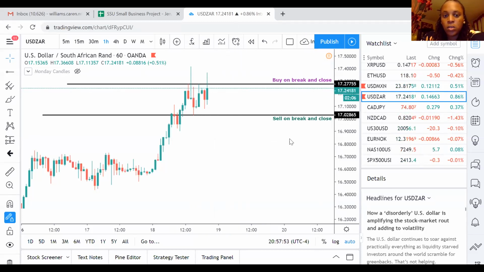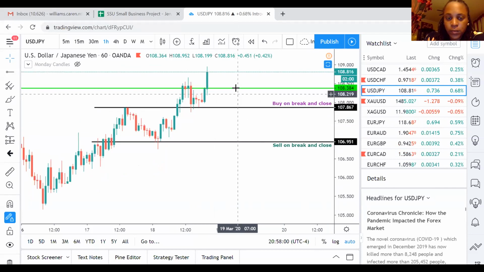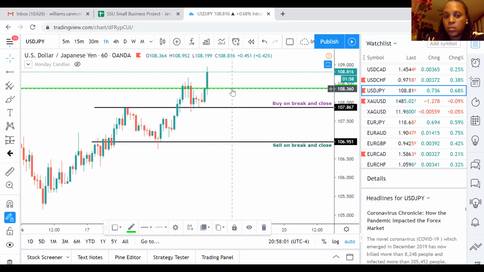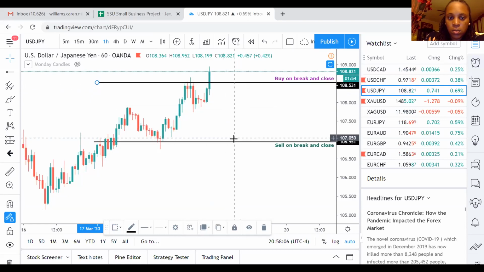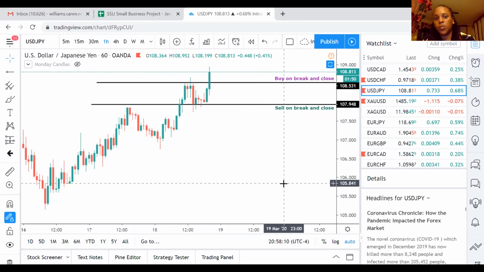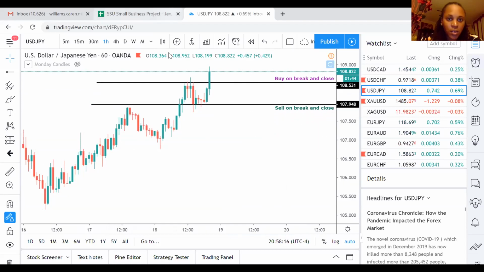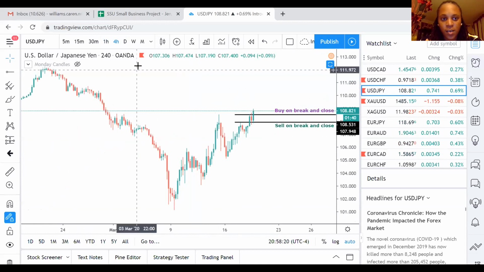So check USD JPY. All right, so we wait for the 1 hour to close. And if we're gonna get into this trade, what is our take profit?